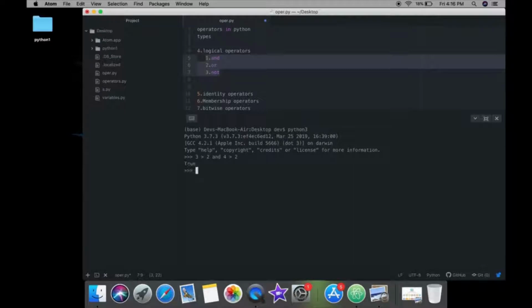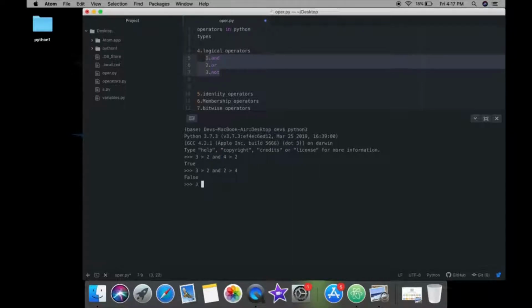So here we will get true, and if only one of these is true and the other one is false, then we will get false. So what does AND mean? Both the conditions, left and right of the AND, must be true. If one of them is false, we will get false.